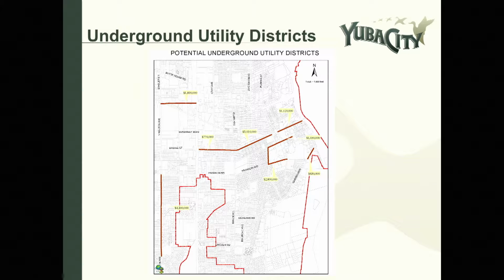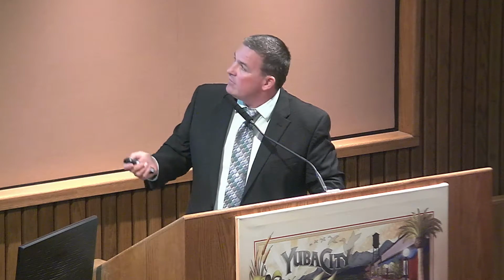So, as you can see on the Bridge Street corridor, we're talking about from Highway 99 up to Plumas, and then the Plumas Shasta is already underground, and then we would look to try to clean up that area from Shasta up to 2nd Street, or tying into that bridge area there.